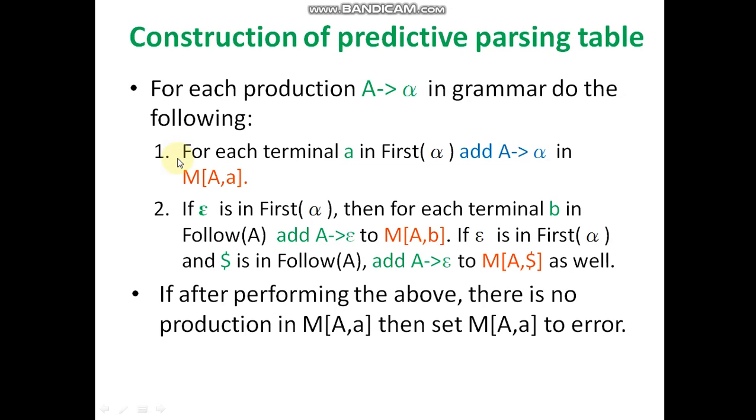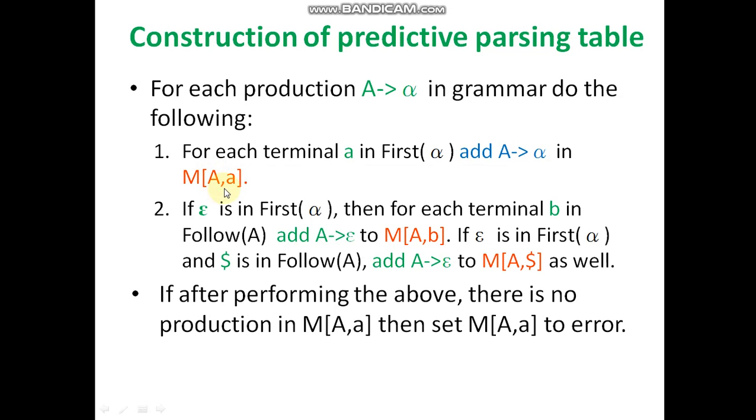The first rule says that in the construction of the predictive parsing table, for each terminal small a in the first of alpha, here a indicates each terminal in the first of alpha, we can add the production A gives alpha in the table, in the capital A row and small a column.